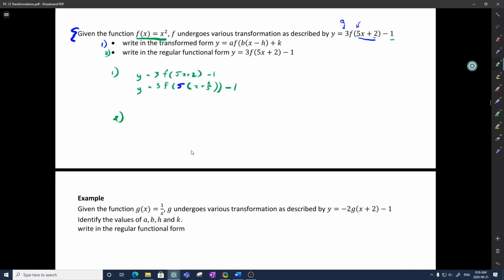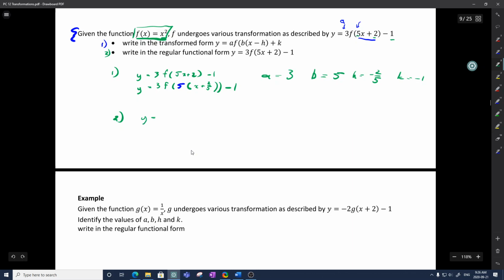So here, a is equal to 3, b is equal to 5, h is equal to negative 2 over 5, and k is equal to negative 1. So if I write the regular function form, now what I mean is write this as a quadratic because the parent function is a quadratic, it would look like this.